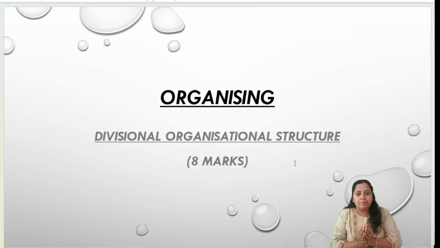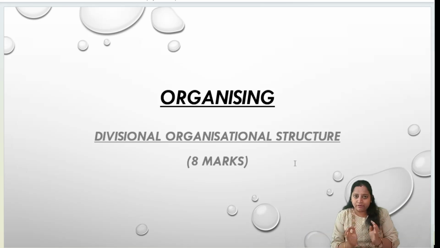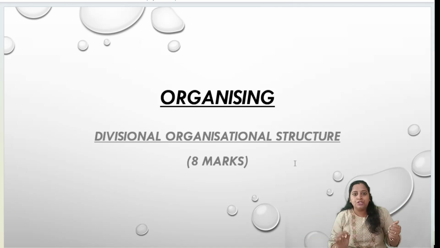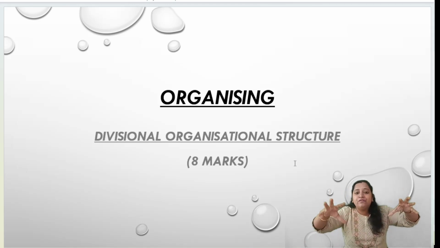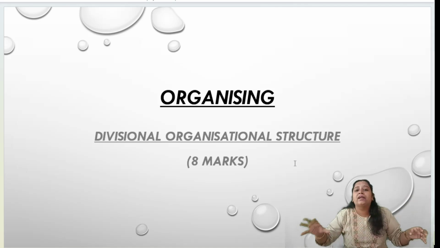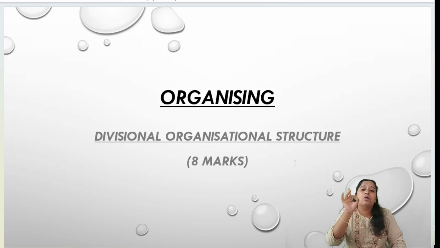For example, if you have one company producing different products, you may be producing FMCG goods, that is fast moving consumer goods, or you may be in IT, information technology, agriculture, or textiles. If you group the activities depending upon the products you produce, that is called your divisional structure.